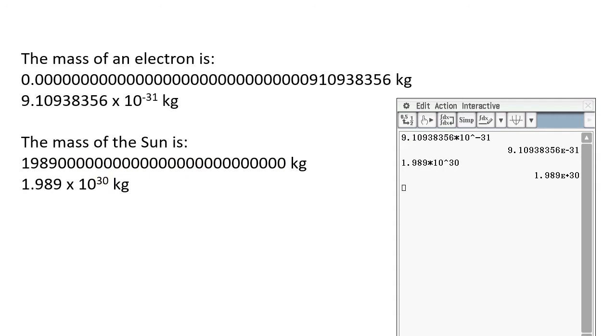Now, over here, I'm just showing you on the calculator how you type it in. When you do it on your calculator, you probably don't do it that way, but the starry symbol means times. And it says times 10 hat negative 31, and that just means the same as this. But your calculator will convert it into this weird format. So you can see all 3 things are exactly the same.